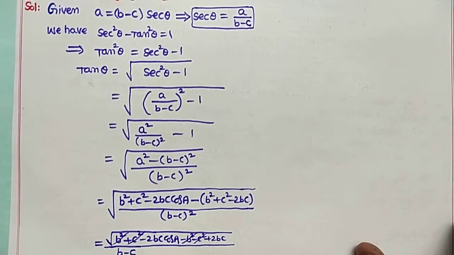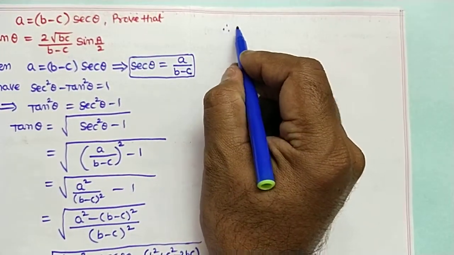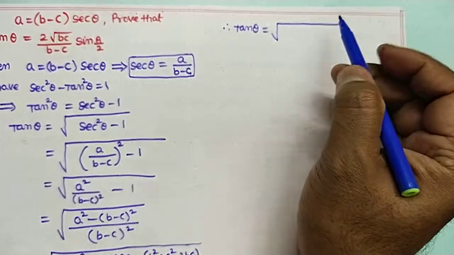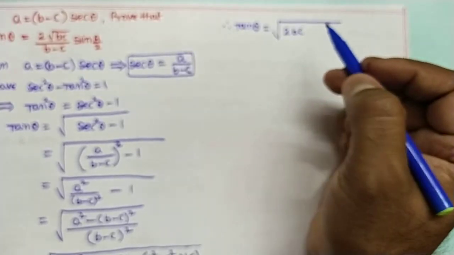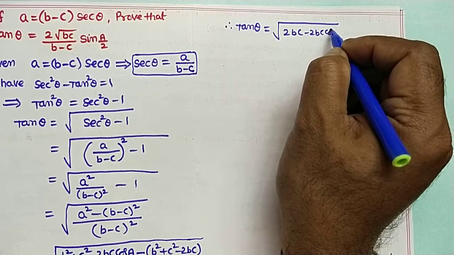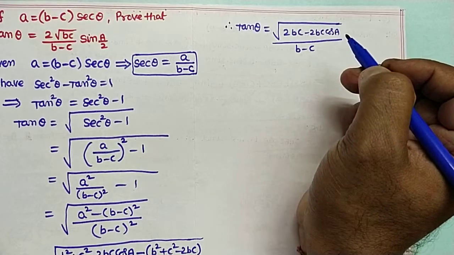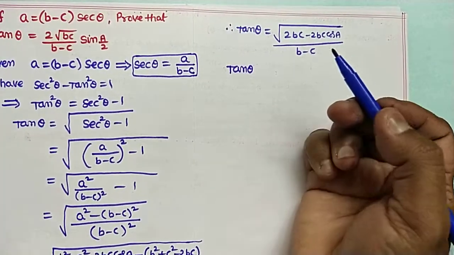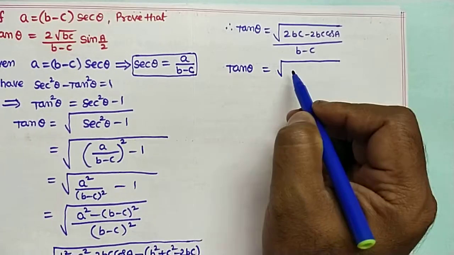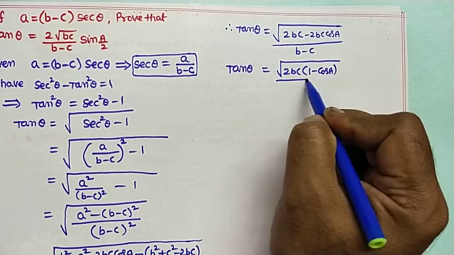So next step, tan theta equals square root of 2bc minus 2bc cos A, divided by b minus c. Now tan theta equals square root of 2bc, take common, 1 minus cos A, divided by b minus c.